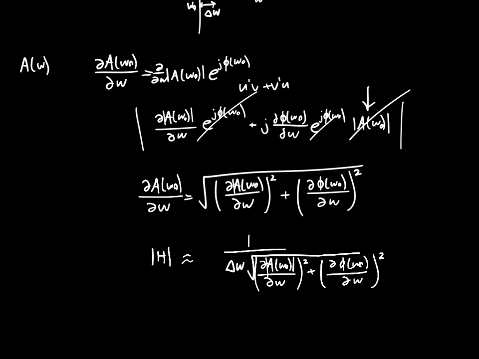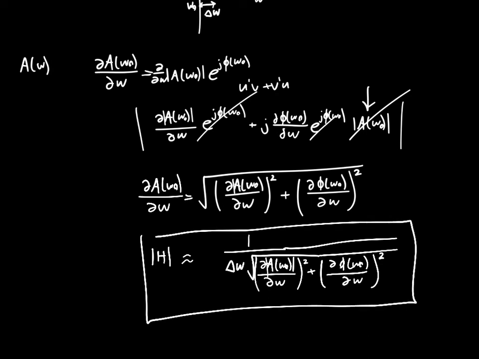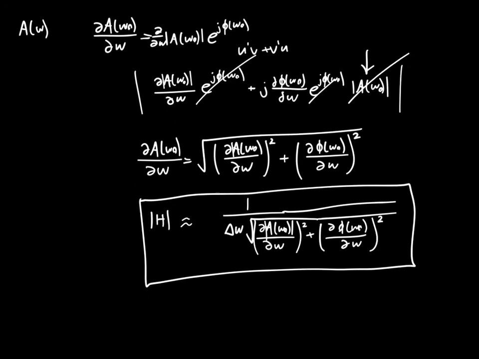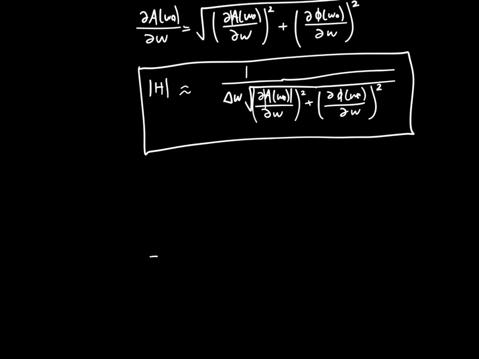The math might be a little intimidating, but it's really just the product rule for a complex number. So there's nothing to be scared of. And this is our final result. I'd suggest you go through and try and get this yourself, just so that you can understand where everything comes from. But if explained properly, it's a fairly simple result. It's basically just saying that our transfer function, which originally was a delta function, actually gets smoothed to something that goes like 1 over delta omega.